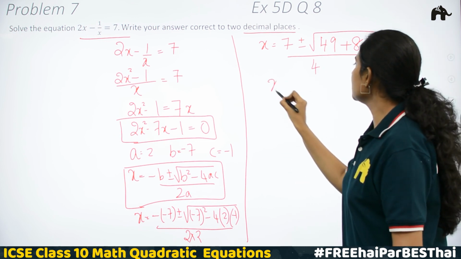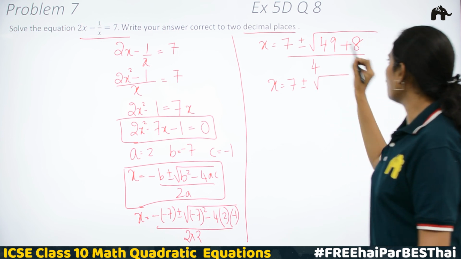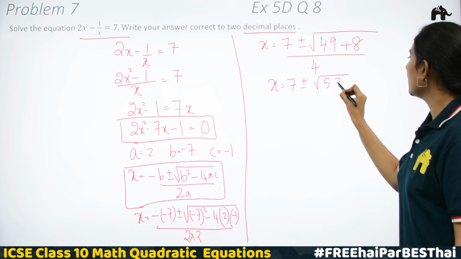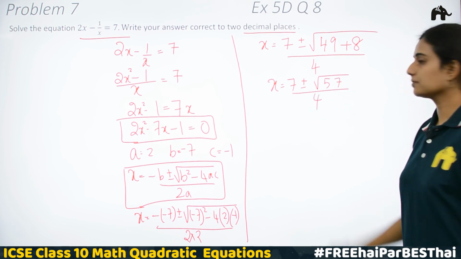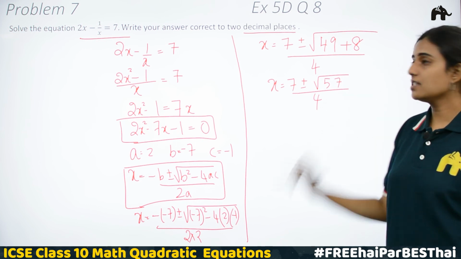That is x is equal to 7 plus or minus root of 49 plus 8, you get 57, divided by 4. Now, what is root 57?